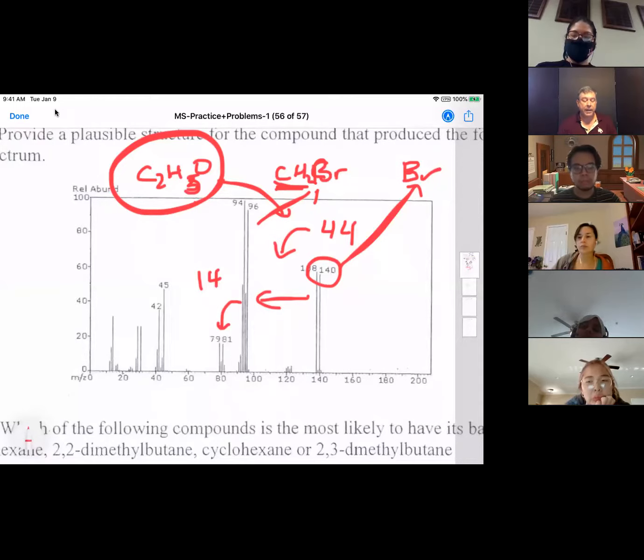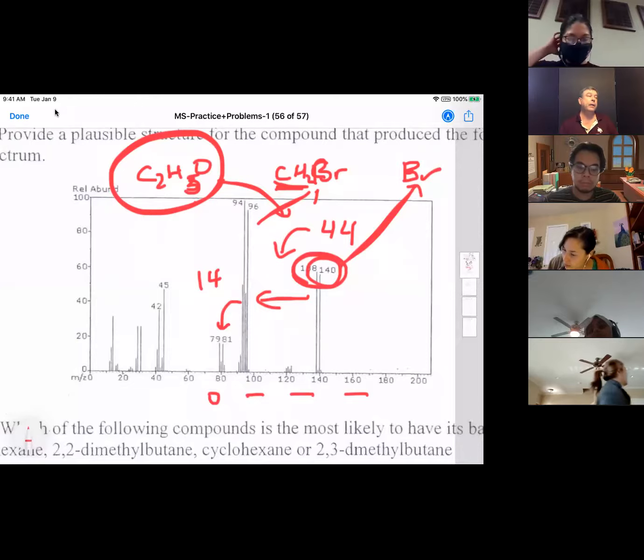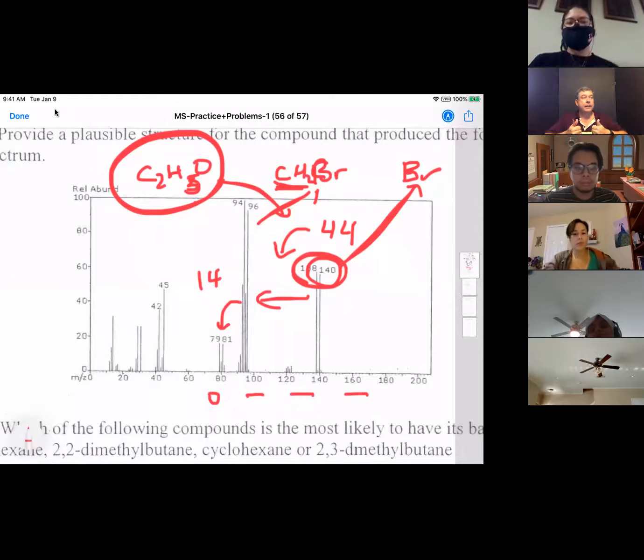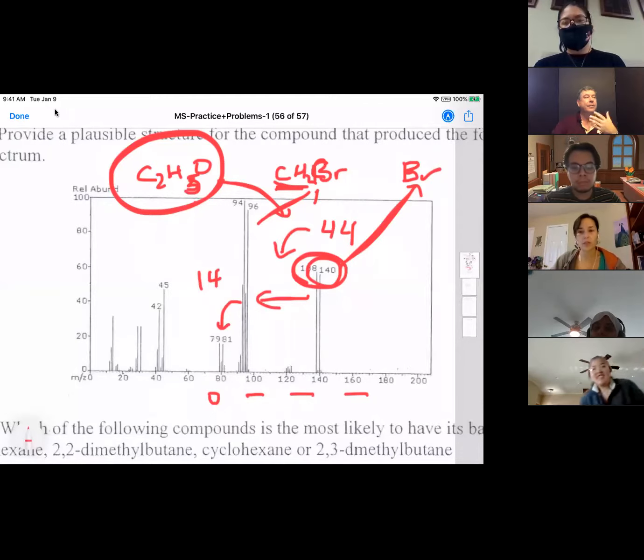And then we had to add them all together to say, okay, well, a bromine plus 3 carbons plus an oxygen plus all the hydrogens equals our parent ion. This is the thought process I want you to start thinking about as we do these problems.